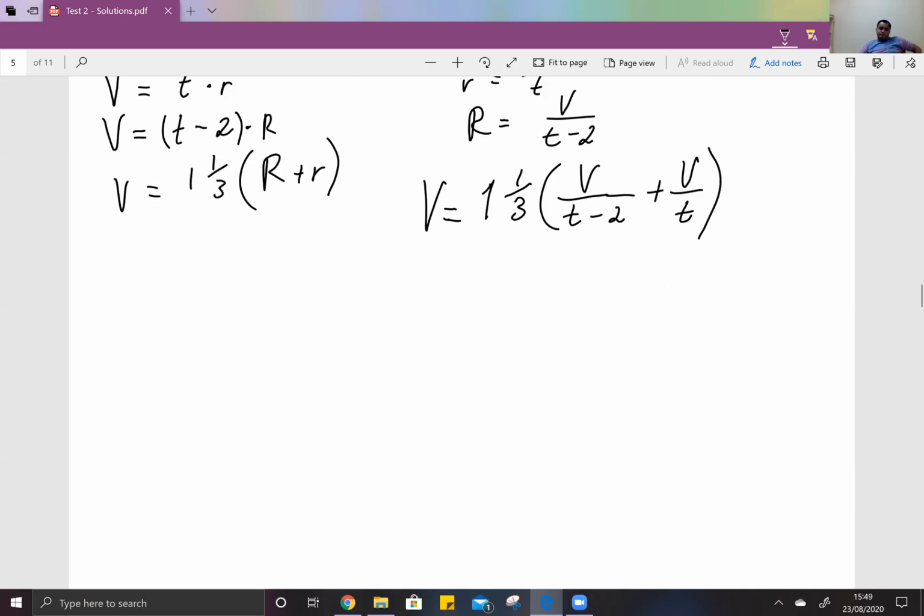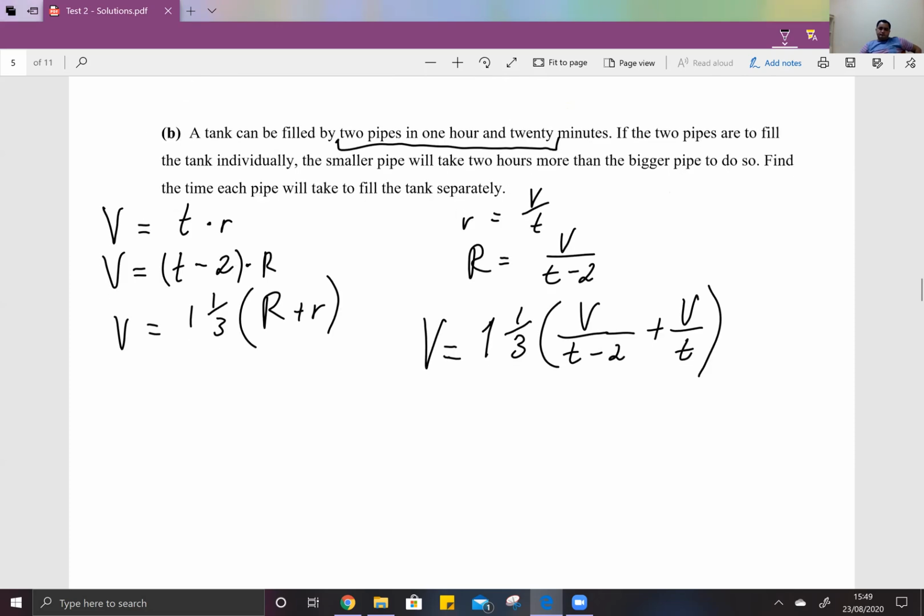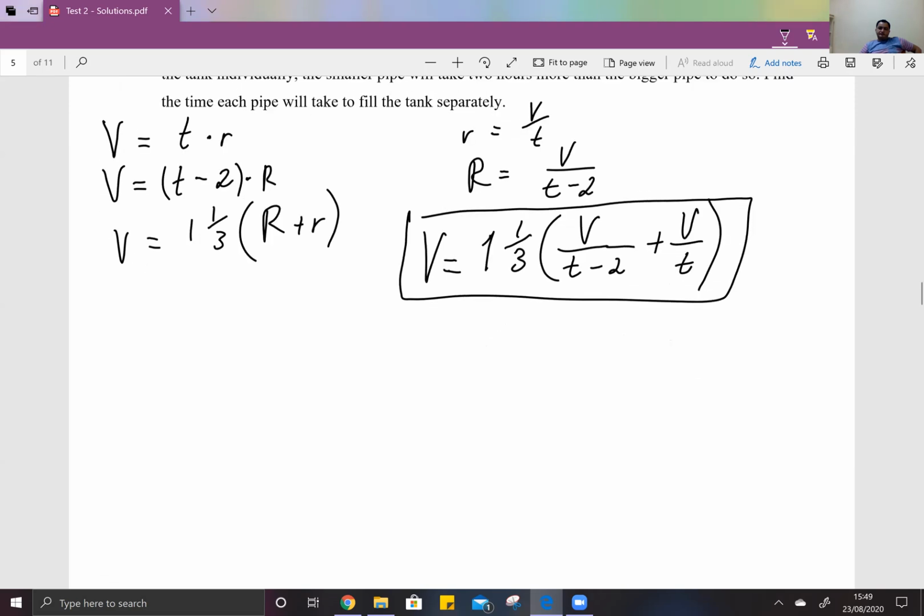Is this correct? Yeah, that's correct. So now solve for T. Can you also take this V out?